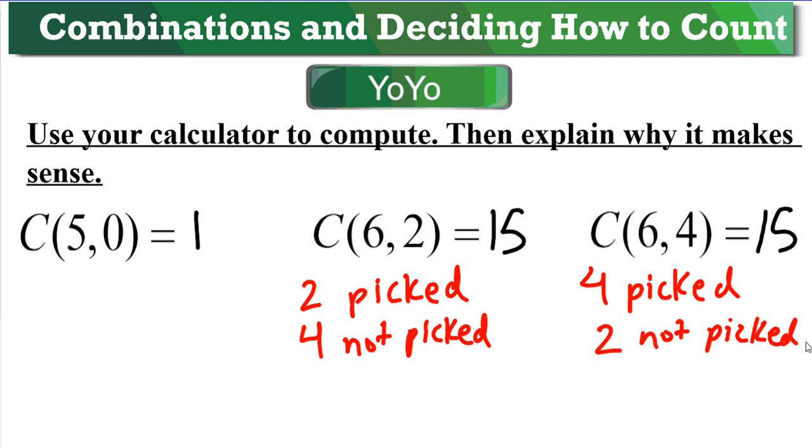Maybe actually not being picked would be a better scenario. So these have to provide the same number, because it's just a matter of perspective. 2 picked and 4 not picked has to be the same as 4 picked and 2 not picked because of symmetry. So hopefully you see the symmetry going on there.